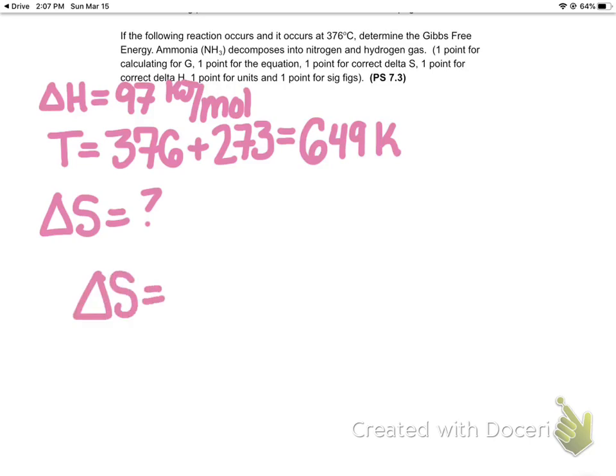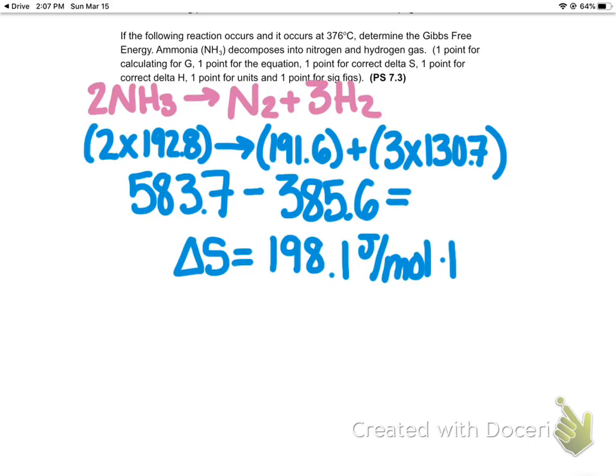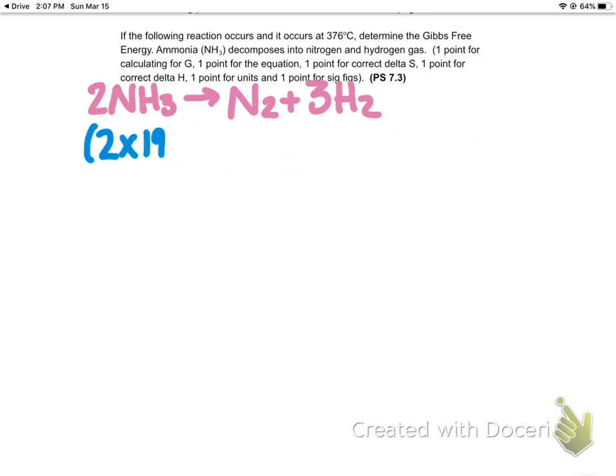All right. And delta S equals the delta S of your products minus the delta S of your reactants. So for this one here, I figure out how many I have of each. To calculate my delta S, I have 2 times 192.8, which is the delta S of my ammonia.